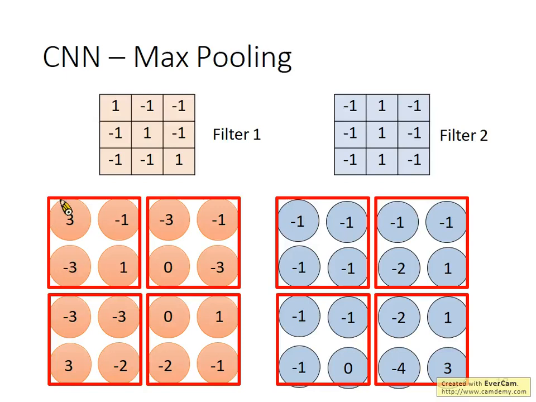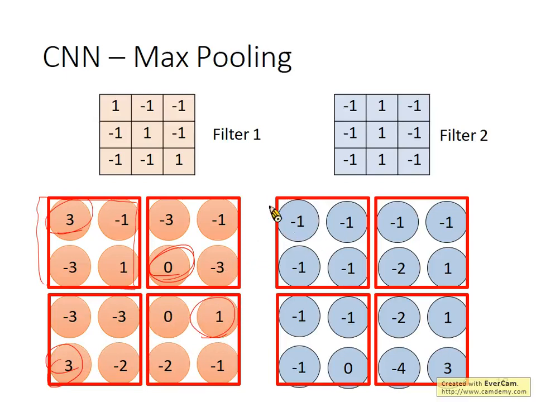For example, in the first subregion, the maximum value is 3. So we only retain the value 3 after max pooling. For the second subregion, we just retain the value 0. For the third one, we retain 3. For the fourth one, we retain 1, and so on.